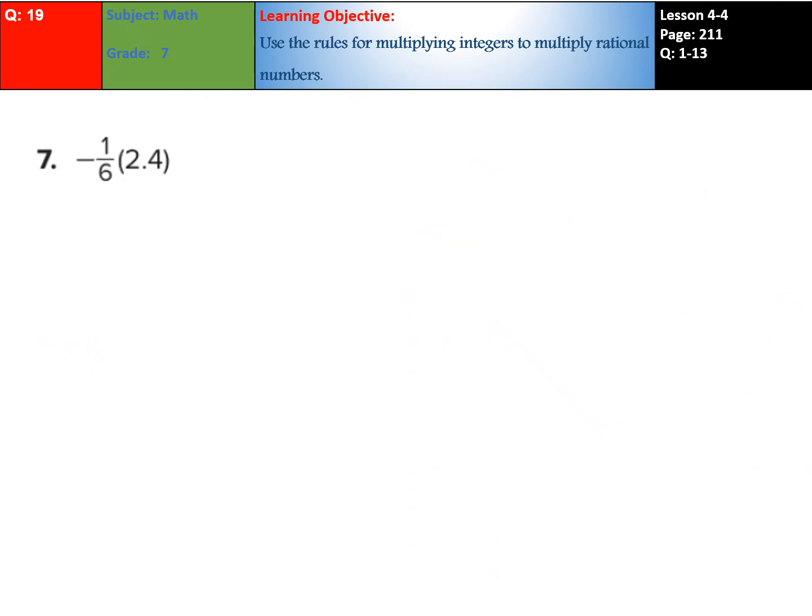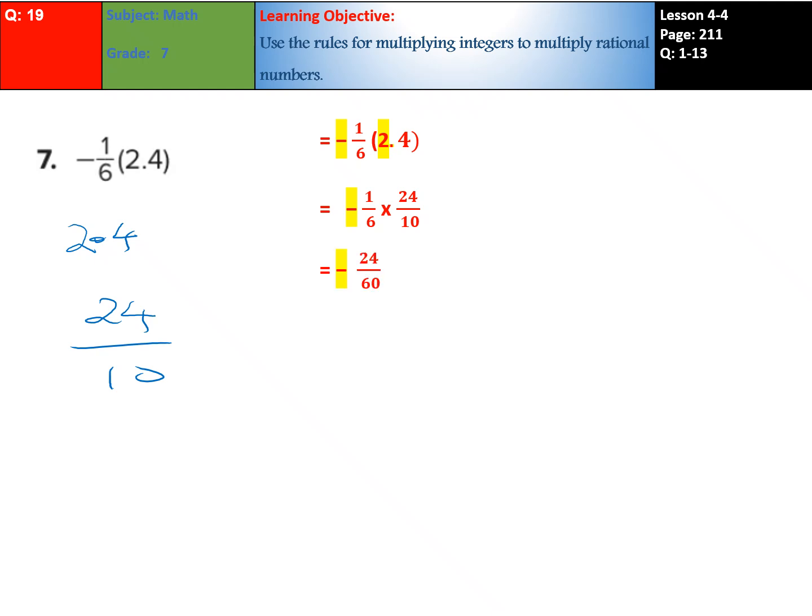Now if we have one number as a fraction and one number as a decimal, either we can convert both of them as a fraction or both of them as a decimal. So here I have 2.4 and we know that 2.4 means 24 over 10. So write both of them as fractions, multiply the numerator with numerator and denominator with denominator.